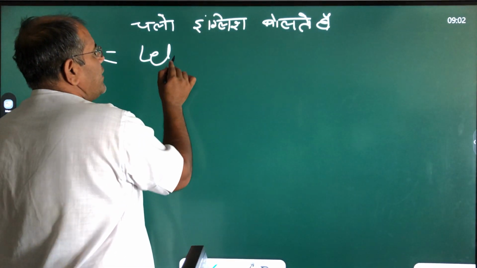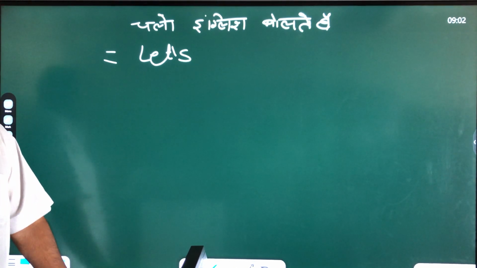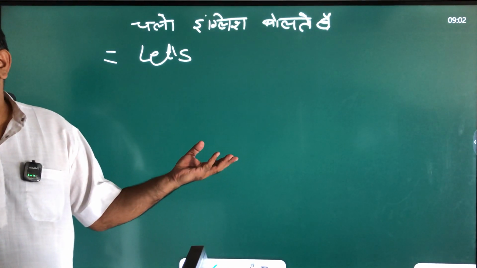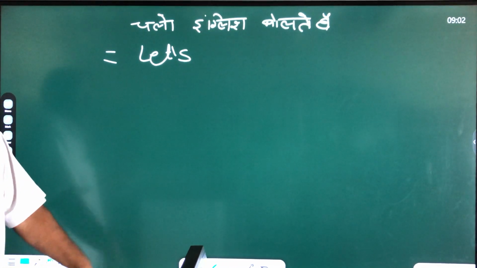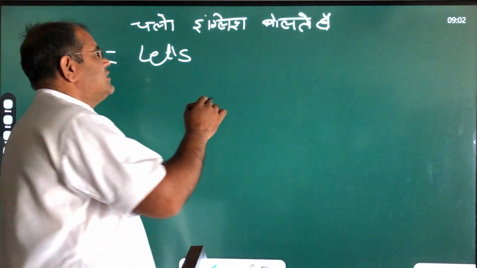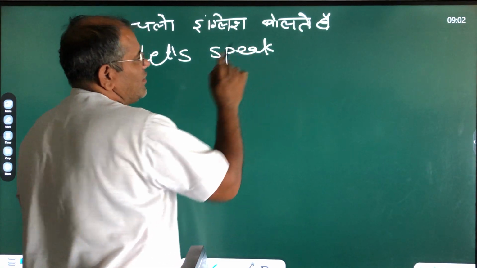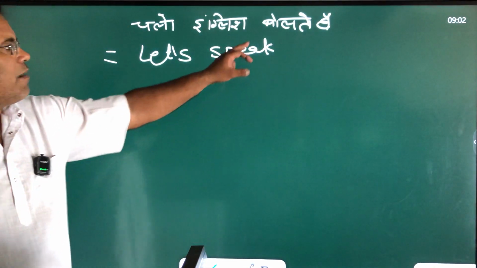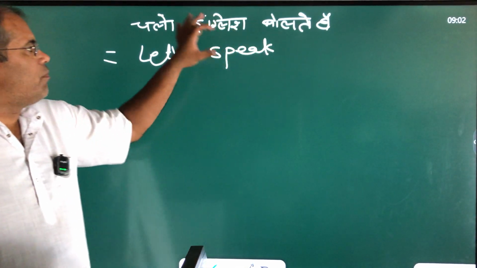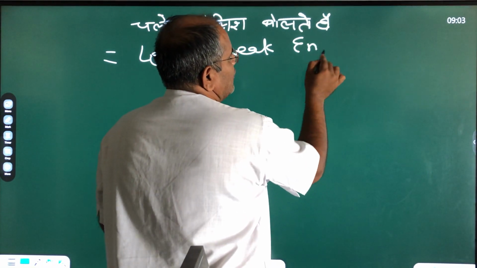Okay. Then beta, MB's first form. MB's first form is बोलना. So बोलना means speak. Do you understand? Speak. Speak is the MB's first form. Then object means English. So I will use here English.